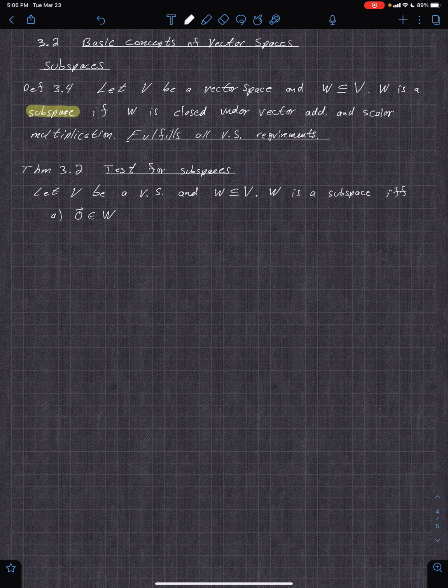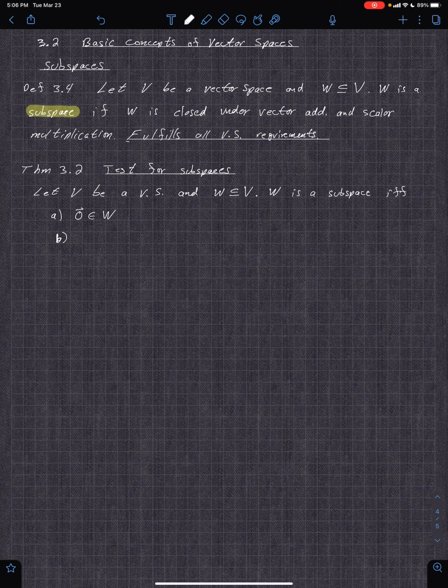It's an easy test: if 0 is not in there, then you're done. It's a separate one that I throw in from a more advanced book, because if it's true for scalar multiplication, the scalar could be 0, and then 0 has to be in there. But that's a way to eliminate something real quick.